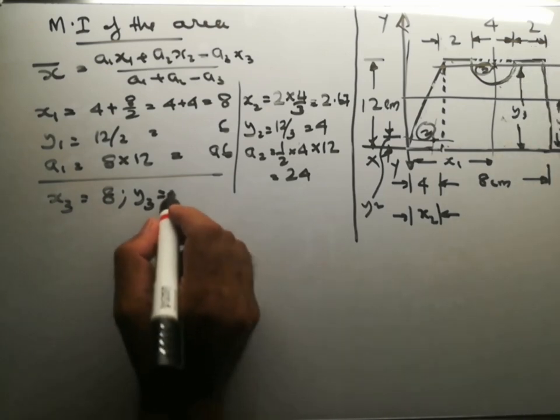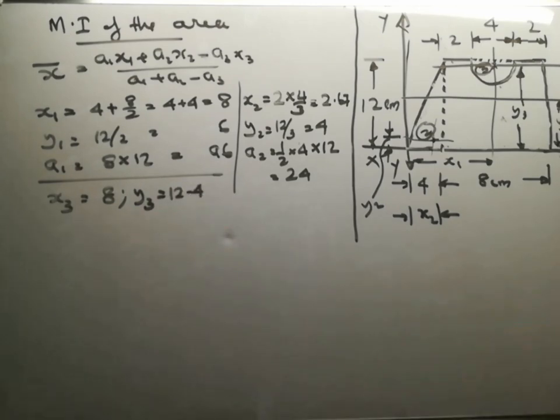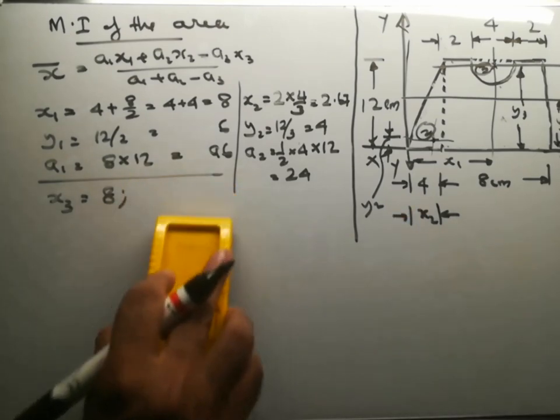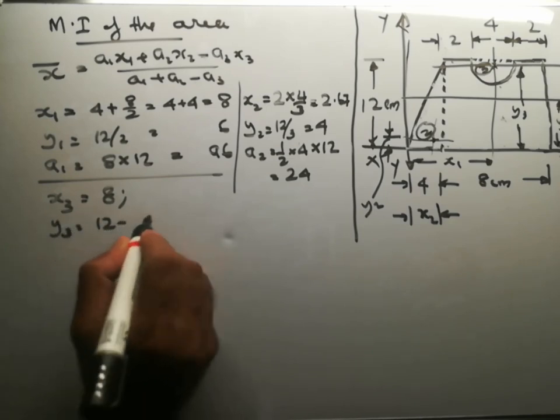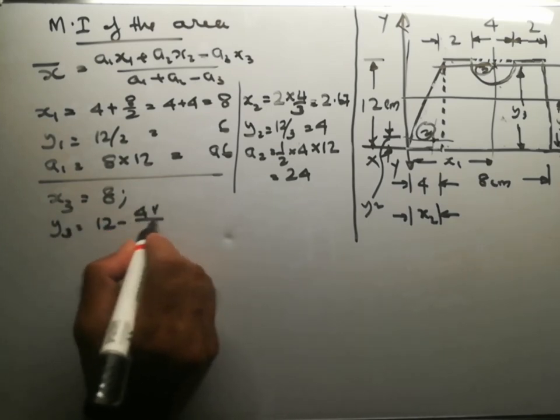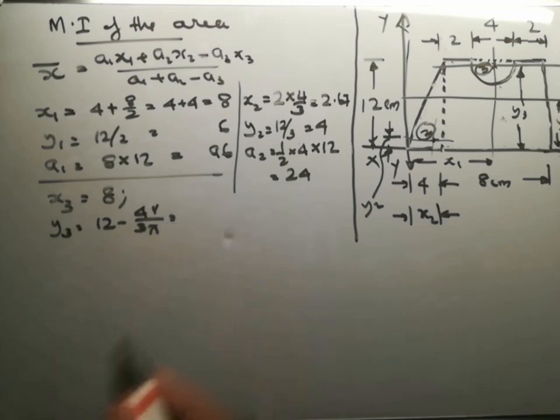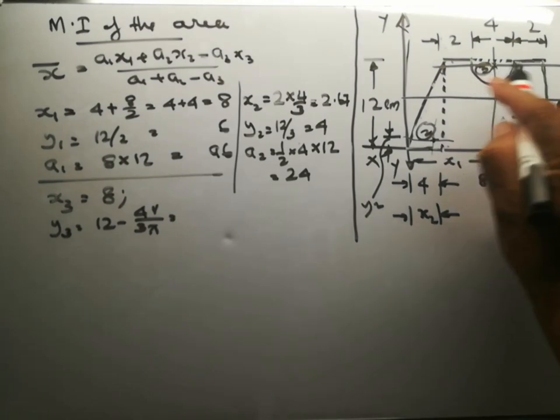So y3 is equal to 12 minus 4r by 3 pi. And r is 2 centimeters because the diameter is 4.